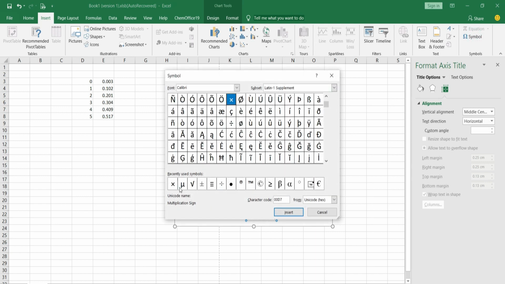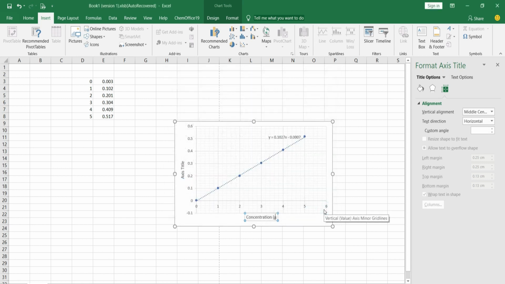Please use the correct symbol, don't use U. On the y-axis, it is absorbance. This one we get from the AAS.